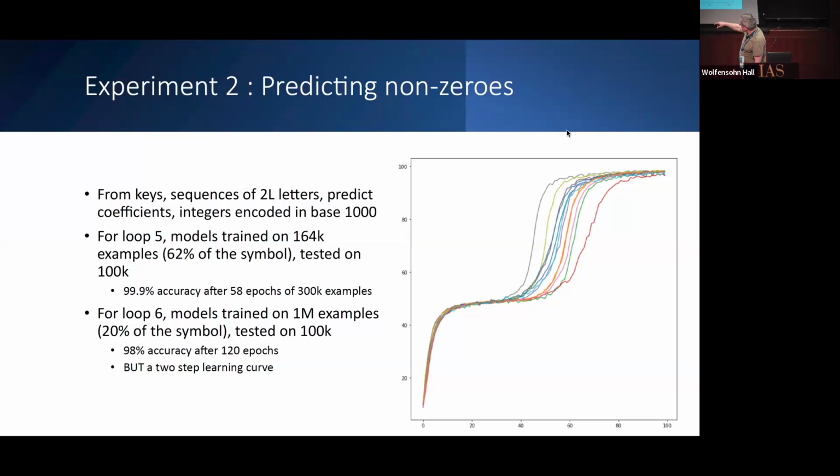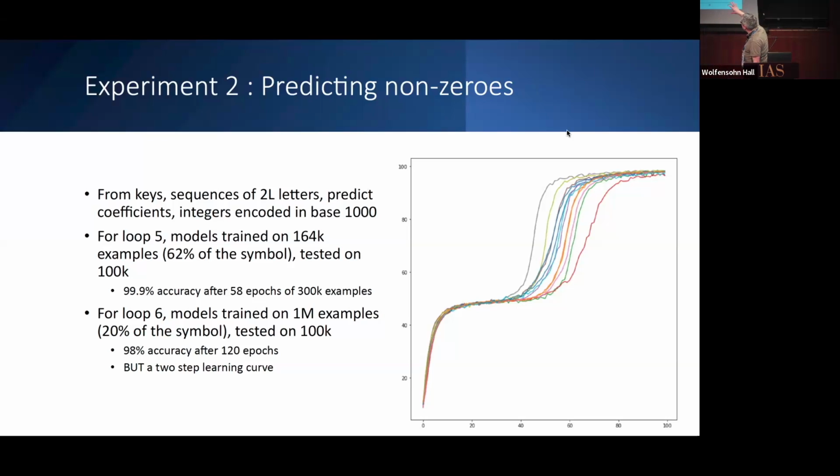And you can see that the model learns. It eventually reaches something which is very close to 100%, 98% or so. So yes, it can predict the coefficients from the key. And this is quite spectacular because it's doable for humans, but you need a lot of theory and PhD students and postdocs to do the calculations.